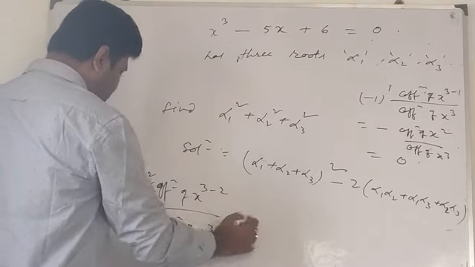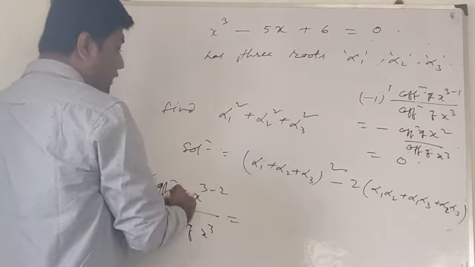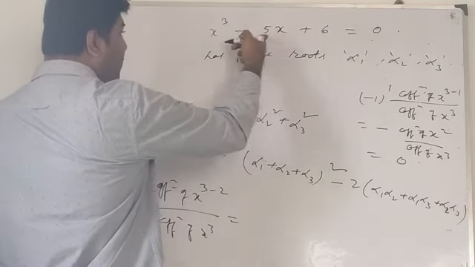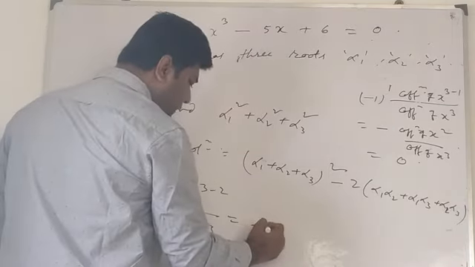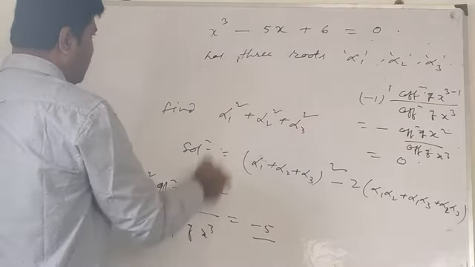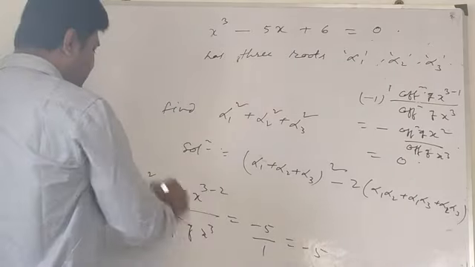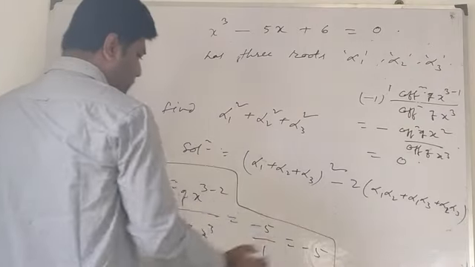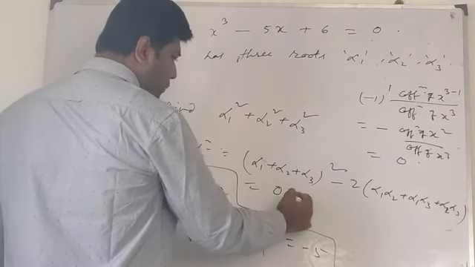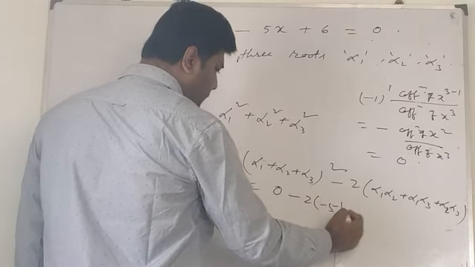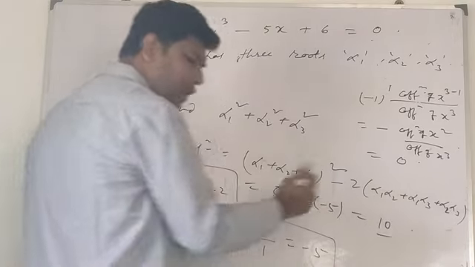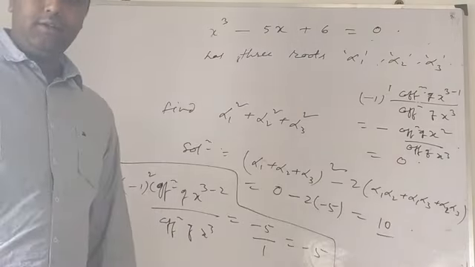So it becomes plus coefficient of x. Here coefficient of x is what? Minus 5. So it will be minus 5 divided by coefficient of x cube. What is this? 1. So it will be 1. Means minus 5. Now you can easily get this answer. So this can be written as 0 minus 2 into minus 5, that equal to 10. What your answer? Understand? Okay, thank you.